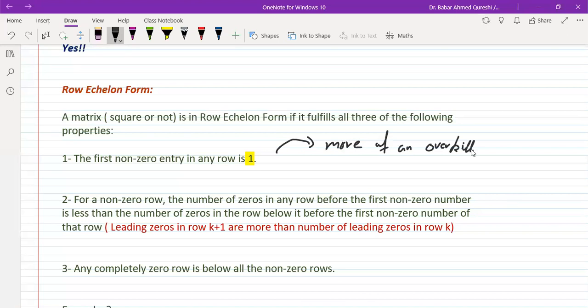You will see why it's an overkill. But that's how you define it: the first non-zero entry you encounter is 1. And there can be rows which are completely zeros, that's also fine. But all completely zero rows should come after the rows which have any non-zero entry.